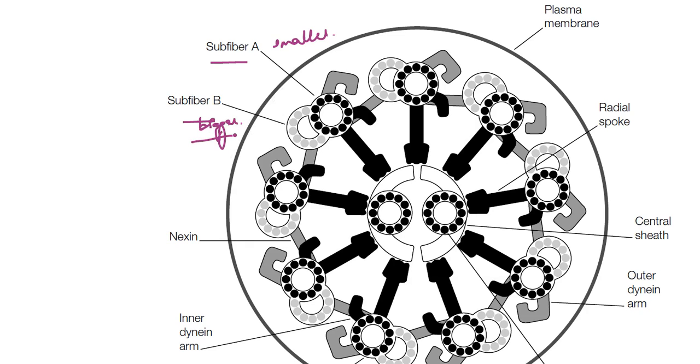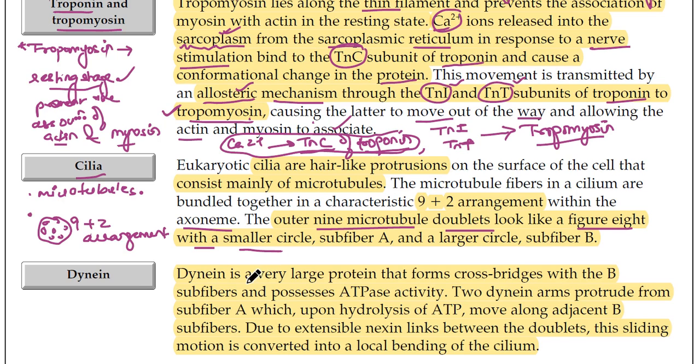Next is dynein. These dyneins are very large proteins and they form cross bridges with B subfibers, the large subfibers, and they have ATPase activity.